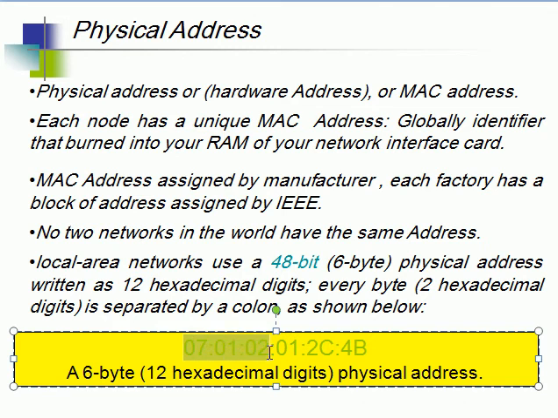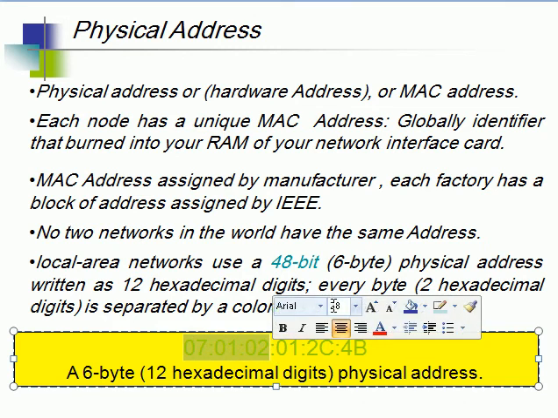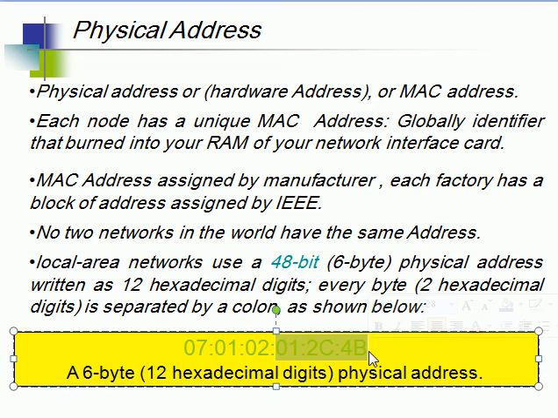The first 3 bytes are given by IEEE. The last 3 bytes are controlled by the manufacturer. So altogether there are 48. How did we get 48? That means 6 times 8.